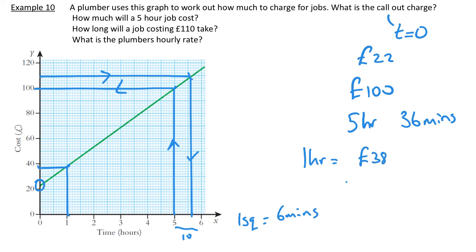So if we take away the call-out fee, which was £22, we can see that the amount it has increased by is £16. And we can see that after 2 hours, it's at £54, which is an increase of £16 from the 1 hour mark. So everything looks good. So the hourly rate there is £16.